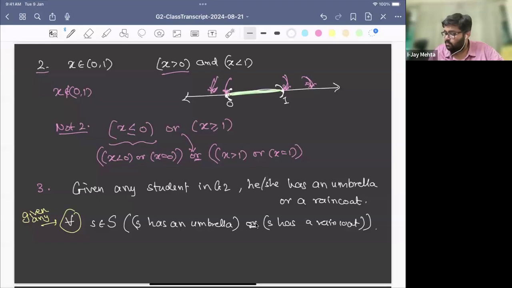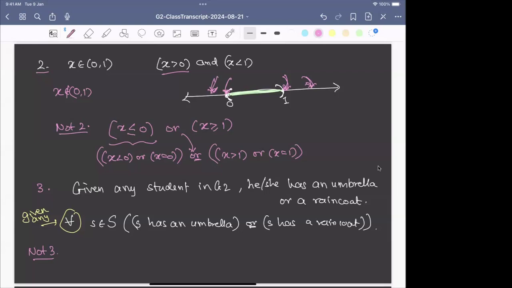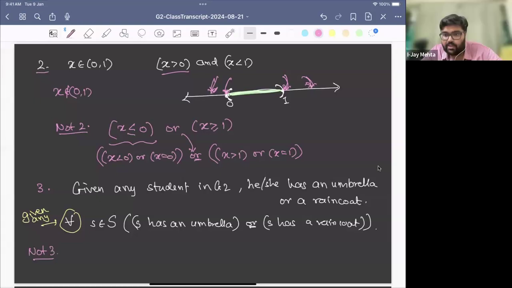So what does it mean that the statement is not true? Negation. Suppose it is false, then what can you say? No, Aman, yes. Now let us give somebody else a chance.